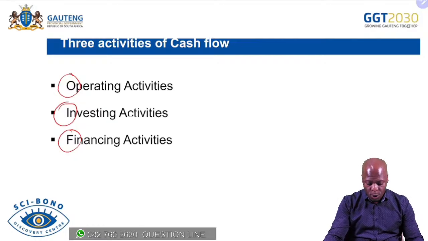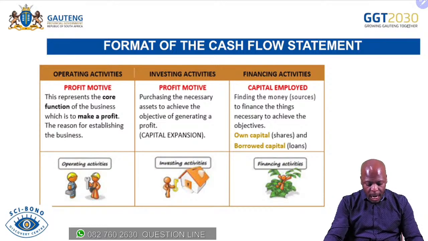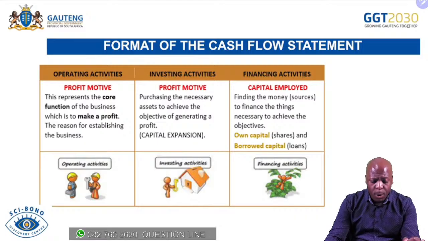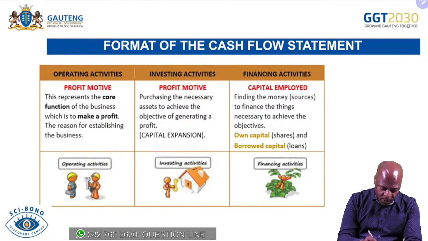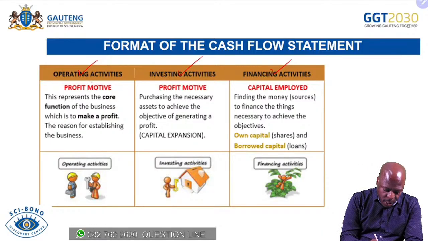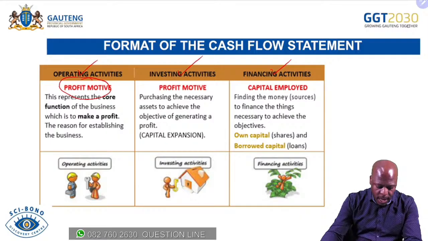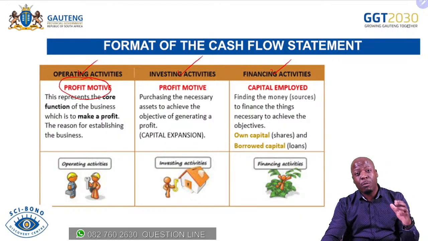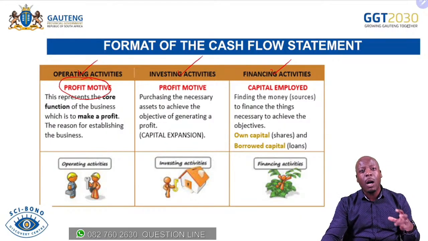That is your OIF. Now, it is very important, as I broke down those three parts. That is your O, as you can see here, your operating activities, your investing, and then your financing activities. Your operating activities are mainly talking about the profit motive. It is the core function of our business. What exactly is our core business?